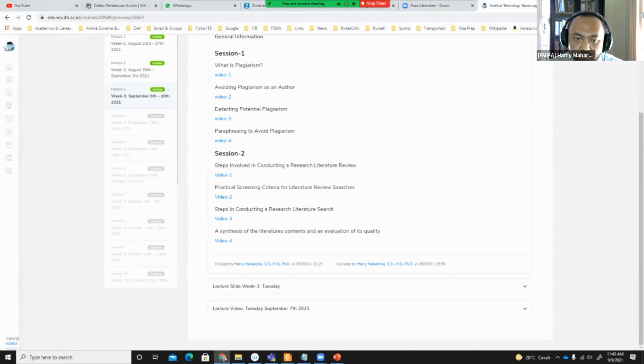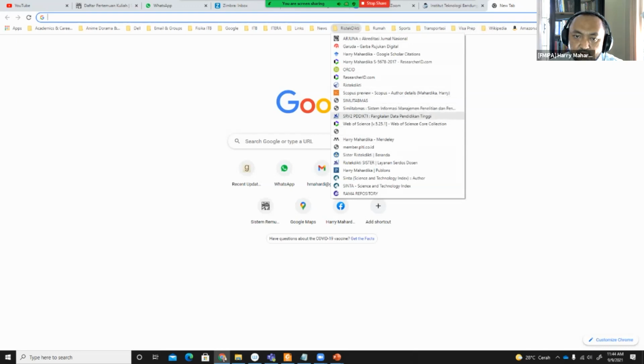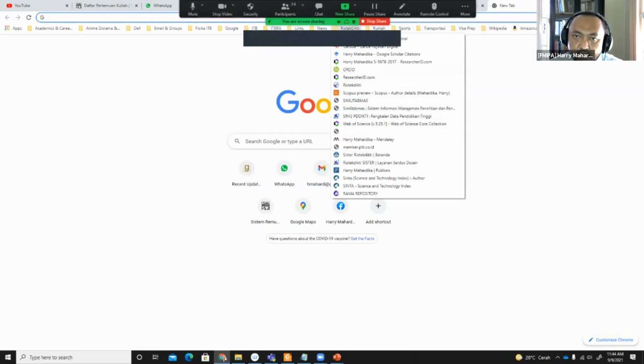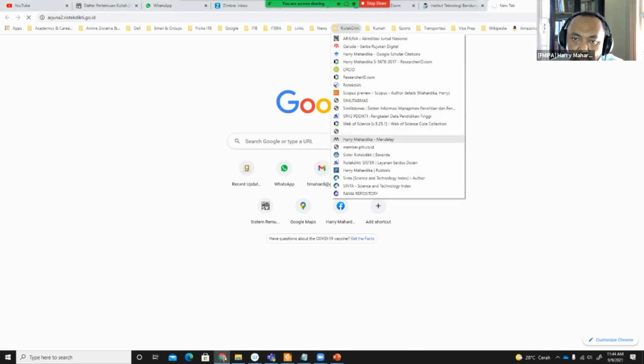And then for the tools, as I mentioned earlier, you probably already know about Scopus, about Elsevier, and so on. So, for example, let me see. If you look for Scopus, where is Scopus? Oh, here it is.